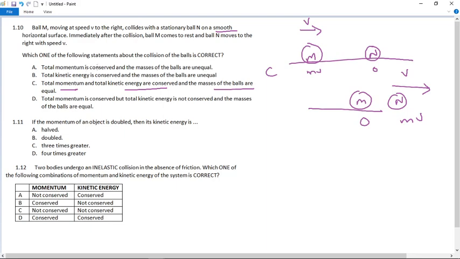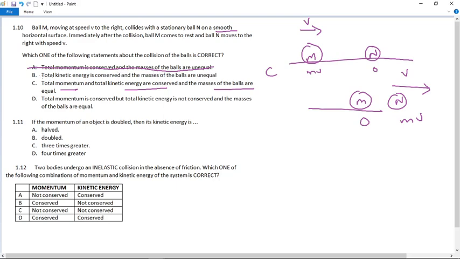Total momentum is conserved, the masses of the balls are unequal. If the masses of the balls were unequal, there's no way we could conserve the momentum. The kinetic energy is conserved, and the masses of the balls are unequal. The total kinetic energy, yes, it is conserved, but the masses of the balls are unequal.